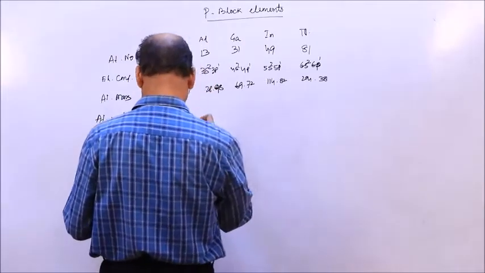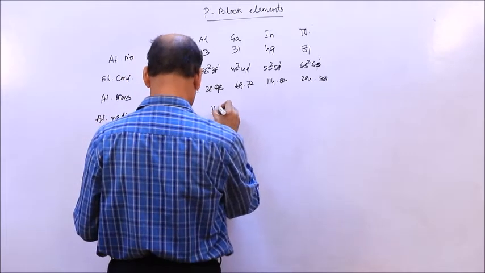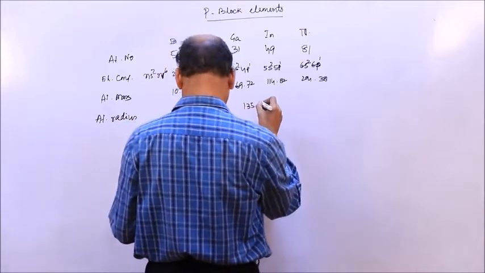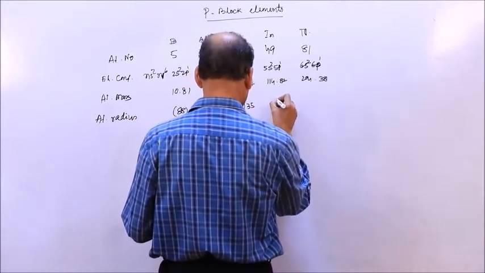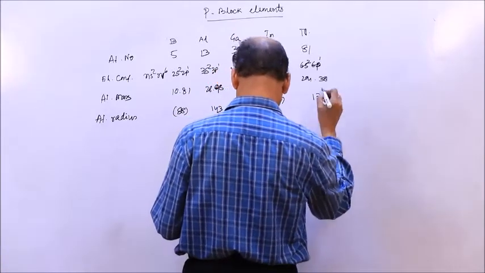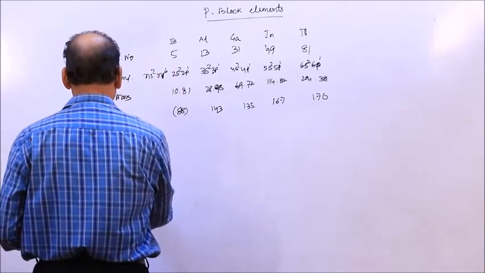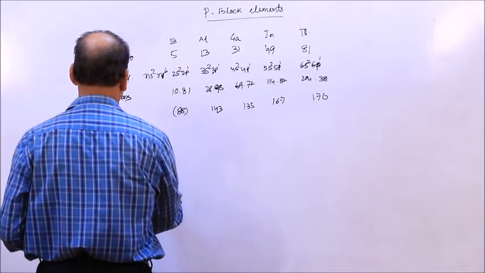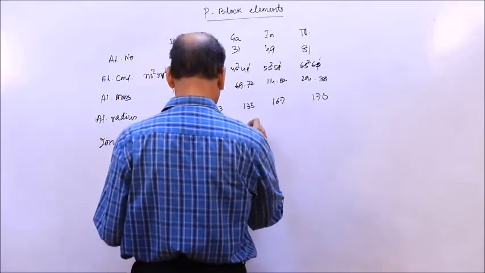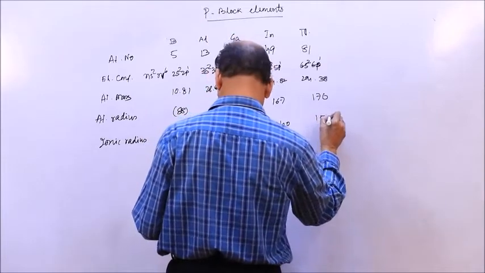Atomic radius also increases, like it is 88, 143, 135, 167, 170, and the ionic radius also increases, 120, 140, 150, like that.